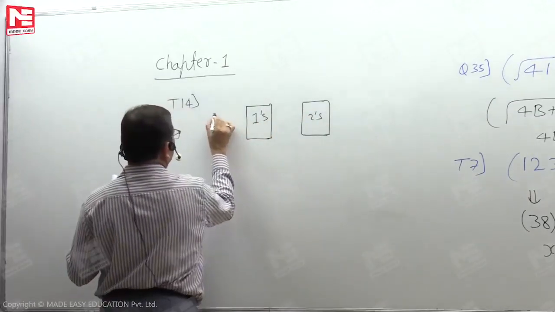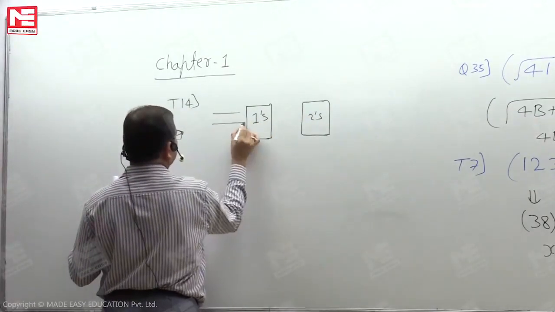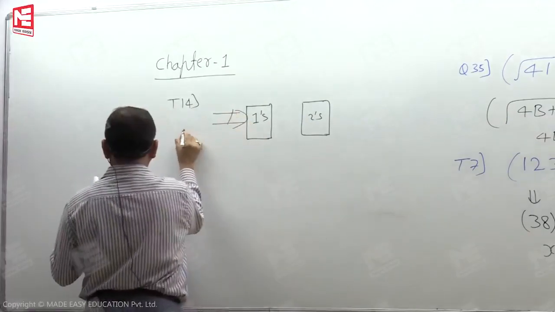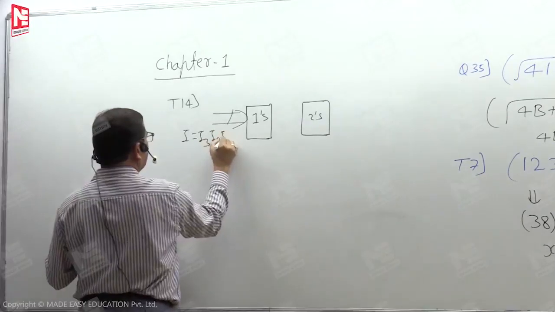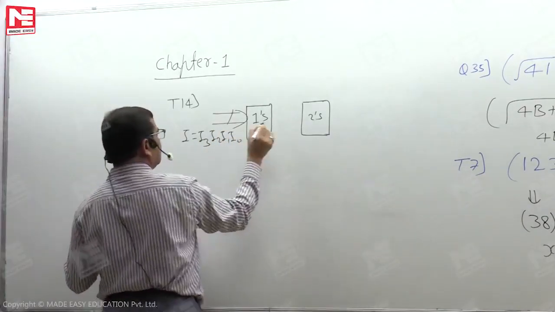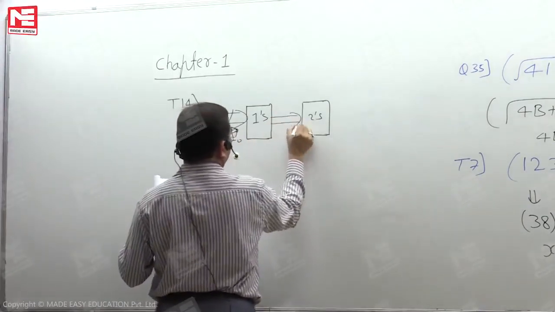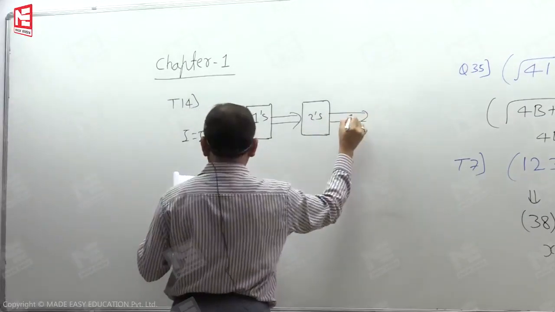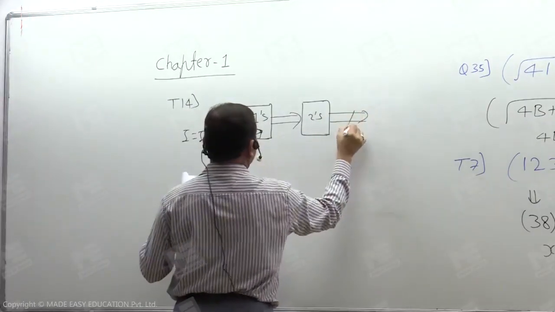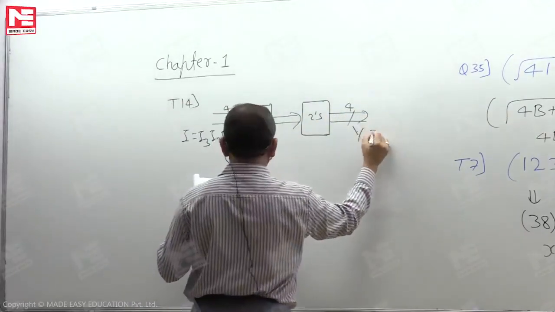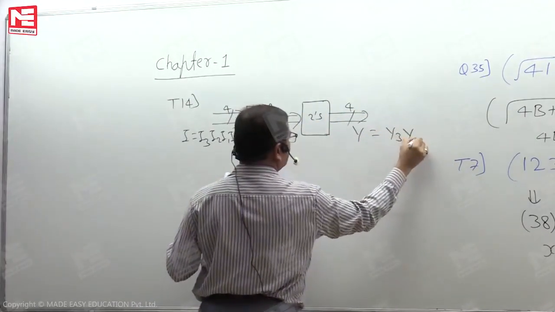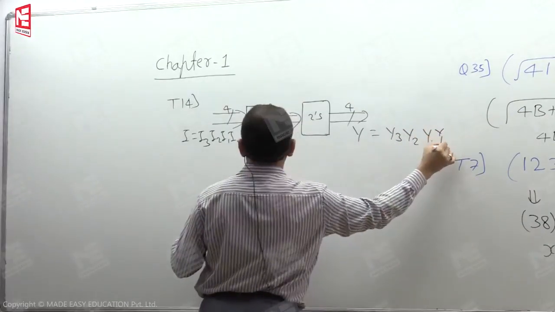The block of 1's complement has an input number I, which is 4 bits, I3, I2, I1, I0. And we are having output y, also 4 bits. So y is y3, y2, y1, y0.